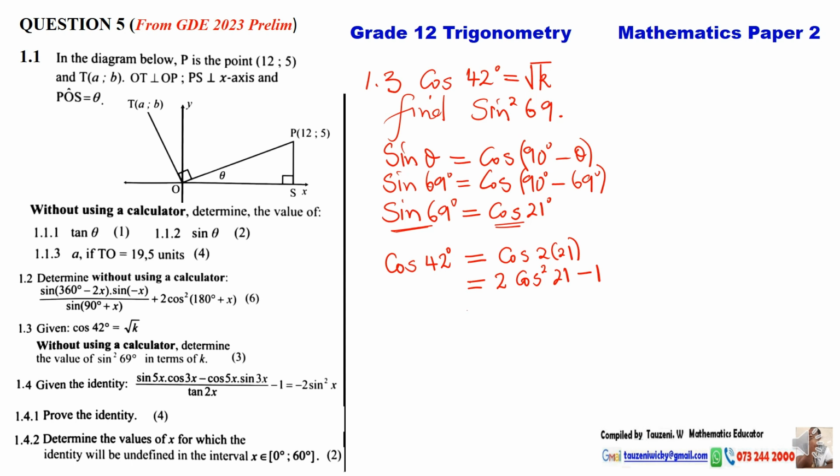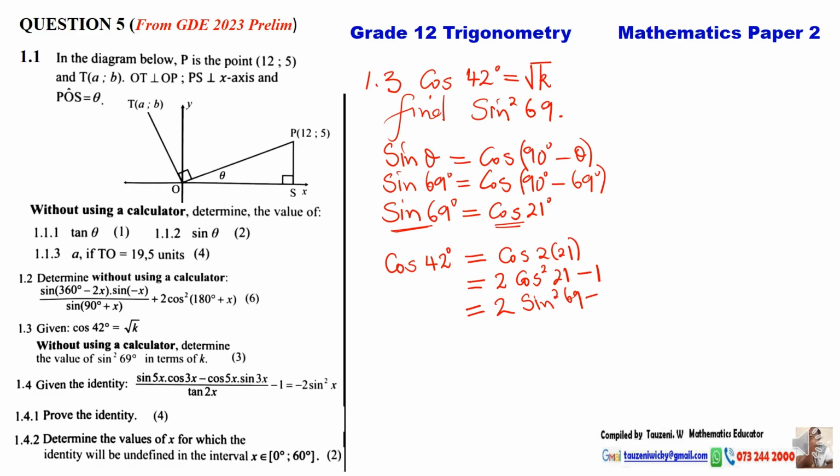Then we have established previously that cos 21 and sine 69 are equal to each other. So what we are going to do now is remove cos squared 21 and in that position put sine squared 69.